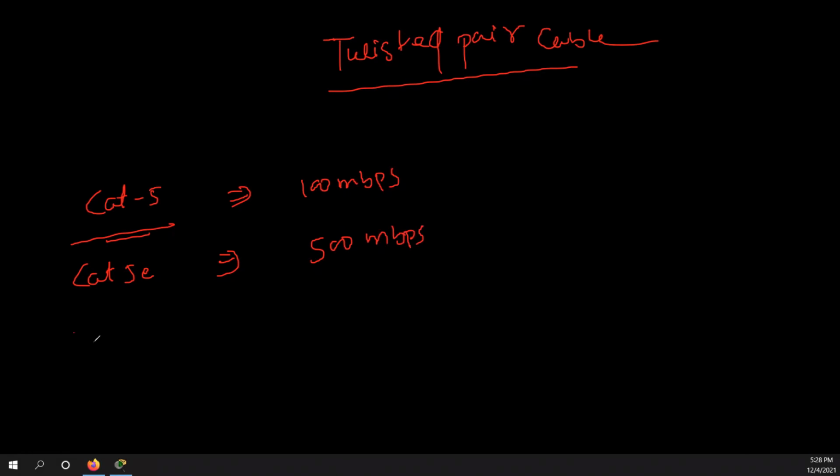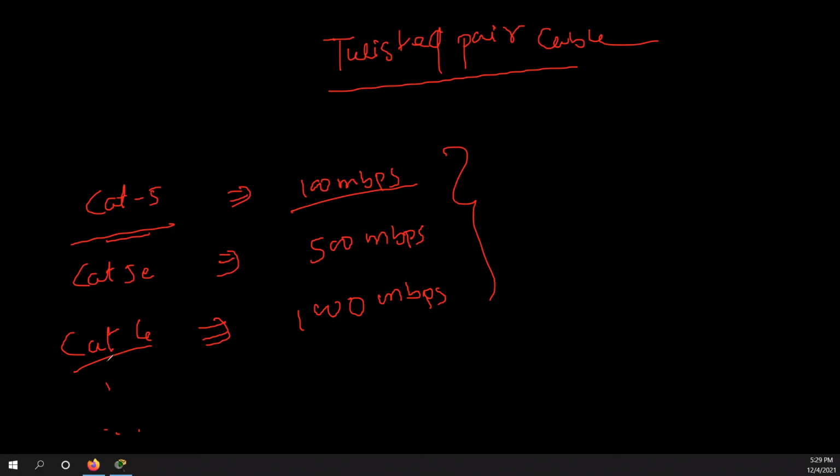And if you are going to purchase Cat6 cable, this cable is going to provide you 1000 Mbps, that means 1 Gbps speed. There are other categories as well, but these are very common. Earlier we were using Cat5, but nowadays we are using Cat6 cable, which provides a speed up to 1000 Mbps.